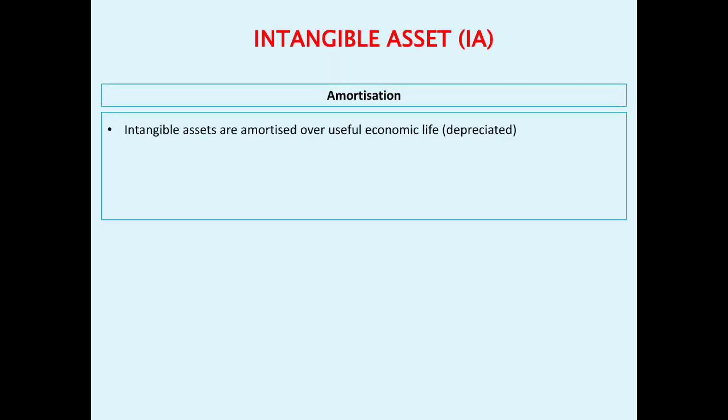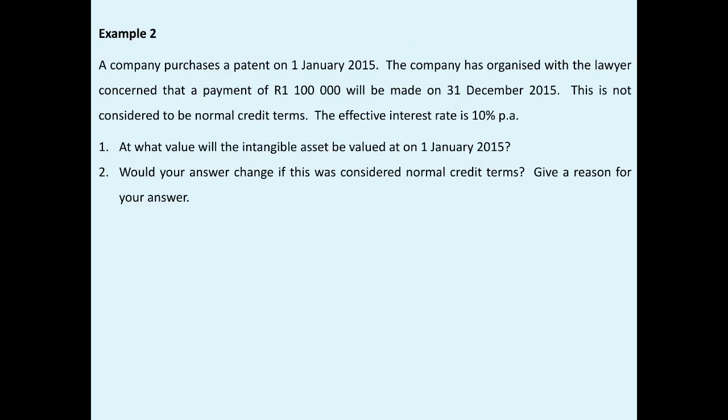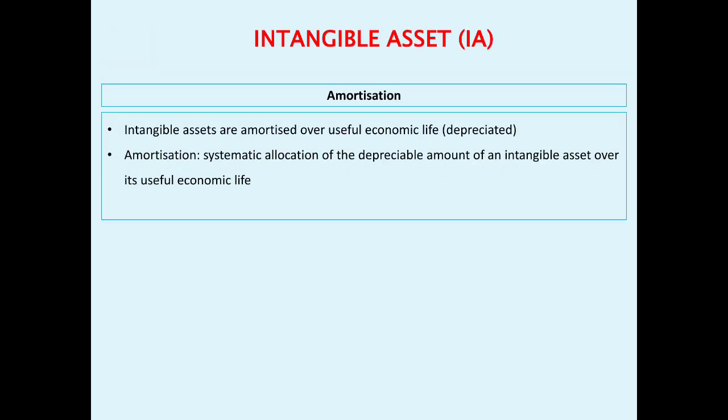Now, extremely important, it will most probably come out: amortization. When we're dealing with intangible assets, we don't call it depreciation, we call it amortization. When you amortize an asset, there are a couple of things you need to consider.